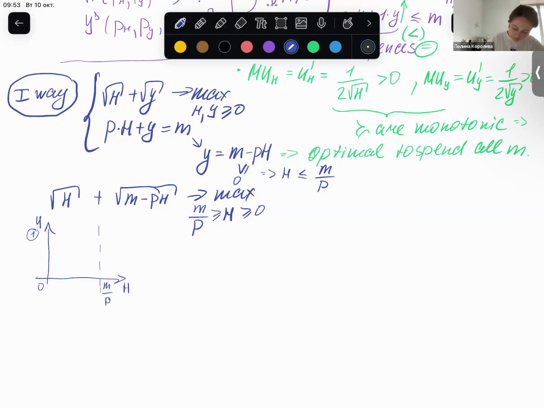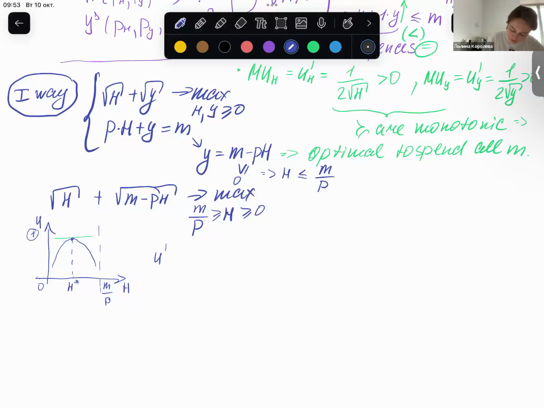And let's assume that this is our utility function, and this will be the maximal utility level. This is the optimal amount of heating that we will consume. So the first order condition is that the tangent line at this point should be horizontal. That means that the first derivative should be equal to 0. So let's do it.